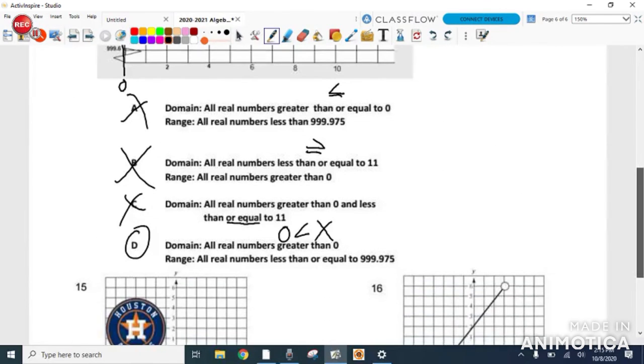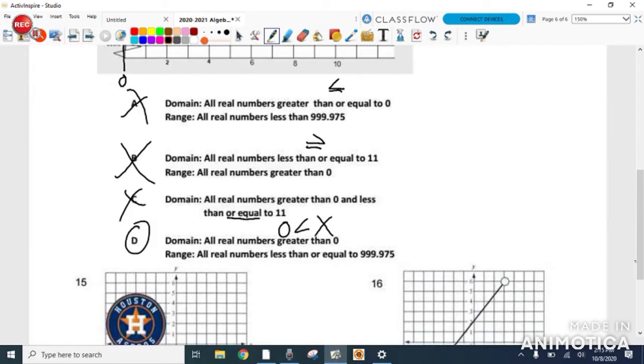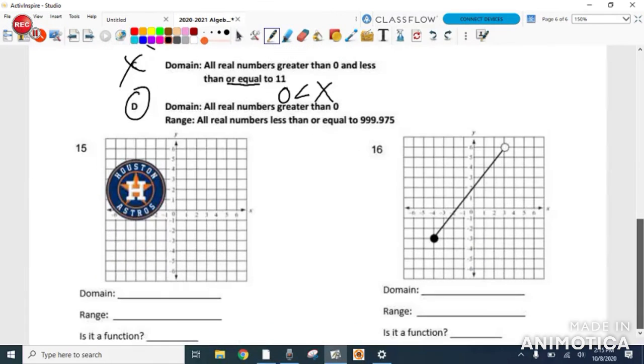Okay, let's work on these last two, all right? Domain, I need to start from the left, and I'm going to go up to the right. So my starting point right here is, okay, let's count it out. 0, 1, 2, 3, 4, 5, 6, 7. So my domain starts at -7, and it goes up until, if you look right here, this is -1.